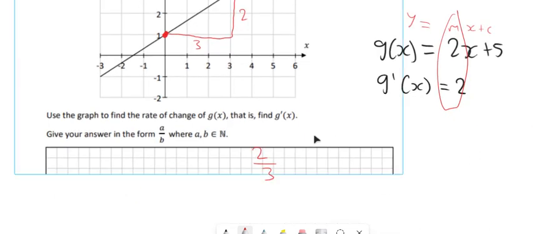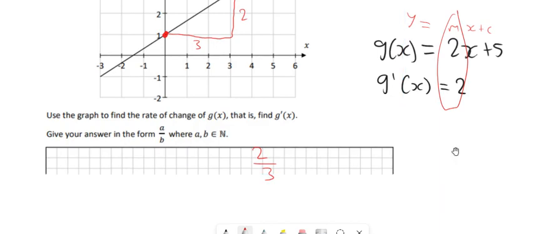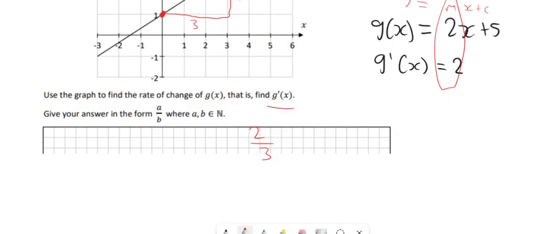And that's all it is there. It's just reading the slope off the graph, so it's recognizing that anytime we differentiate, really we're getting what the slope is. That's all for that question.